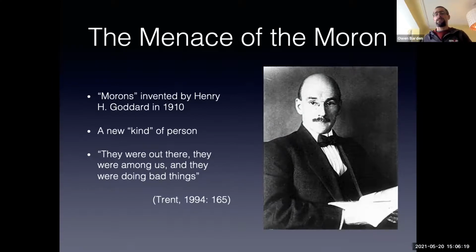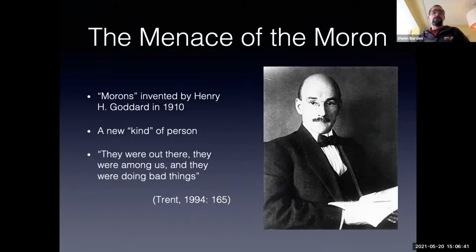Back in the old days, and I'm talking sort of 1800s onwards, there were classifications like idiot, so it was a diagnostic category. Imbecile was a diagnostic category. Feeble-minded was a general term for what we'd now call learning disability.